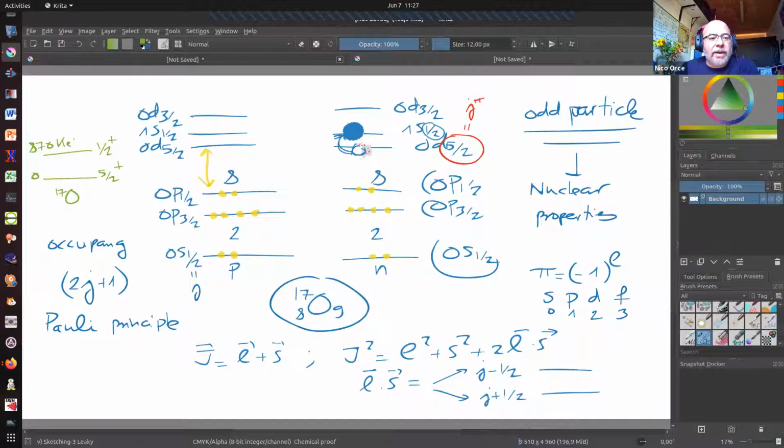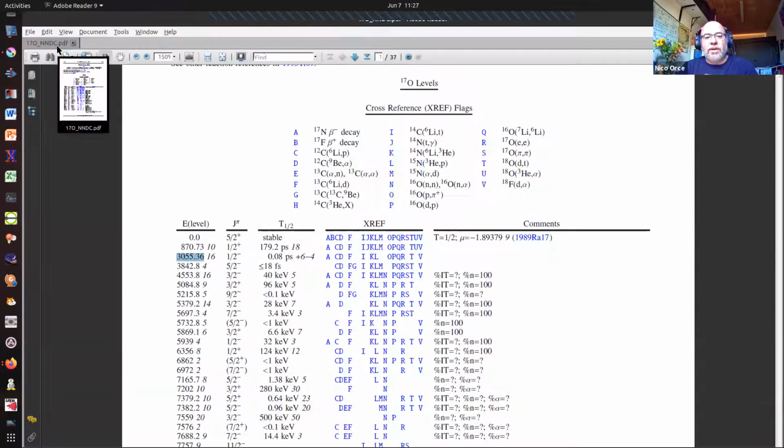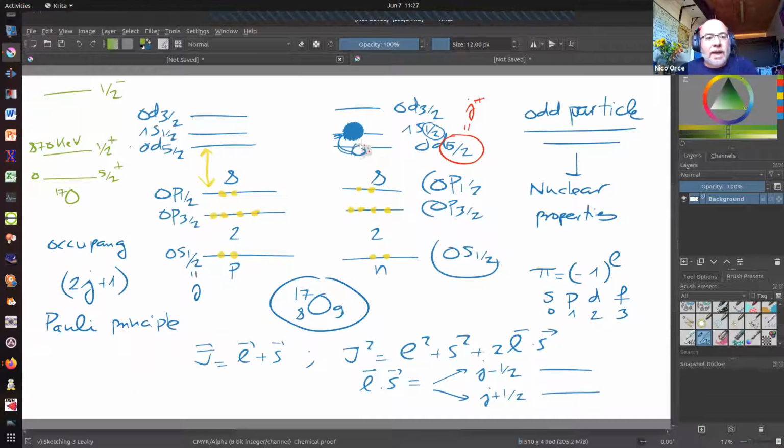This is in keV. And then suddenly there's a jump here, and we have a 1/2 minus. And this energy is much higher, which is 3055 keV, or 3.055 MeV, right? So you can see there's a huge jump here in energy.